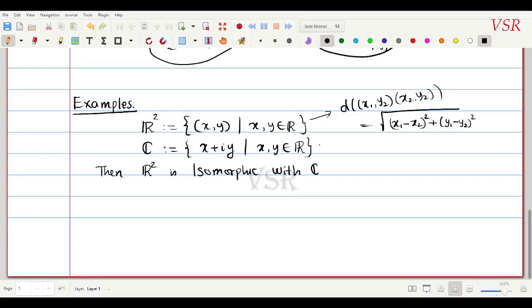In C, for two complex numbers z1 and z2, the distance between z1 and z2 is defined as the modulus of z1 minus z2. So with respect to these two metrics, we are going to say these two spaces are isomorphic. Shall we take the next page?